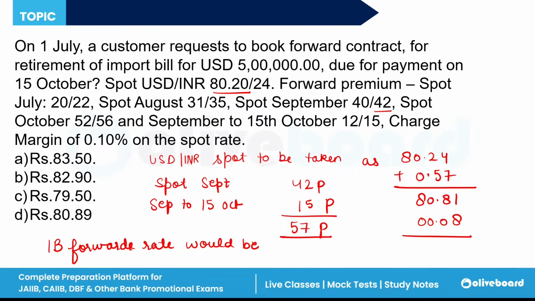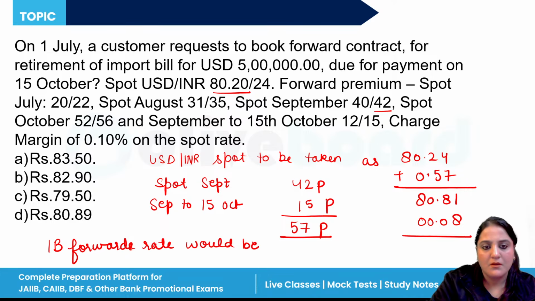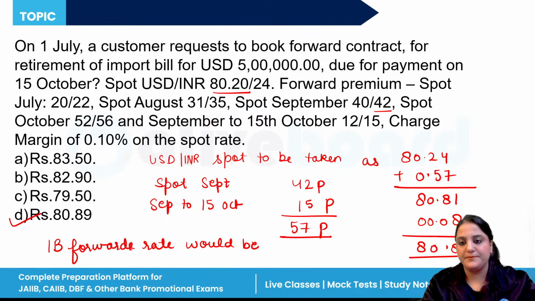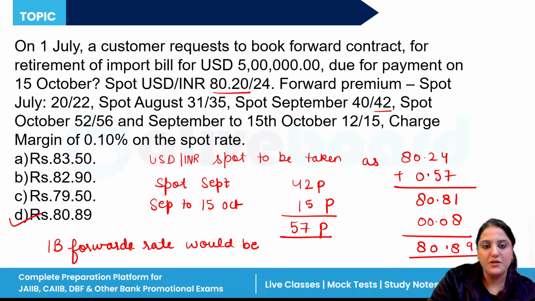That equals here 80.89. So option D is correct here. Option D is correct here. Is that clear?